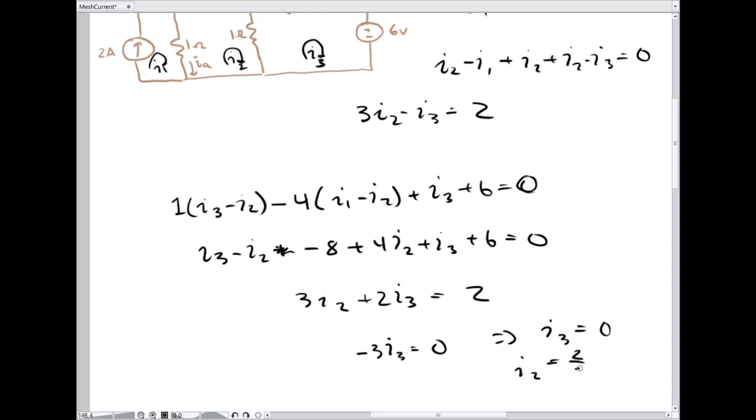Let's make sure that makes sense, we have 2/3 minus 8 plus 6 plus 4/3 8/3.